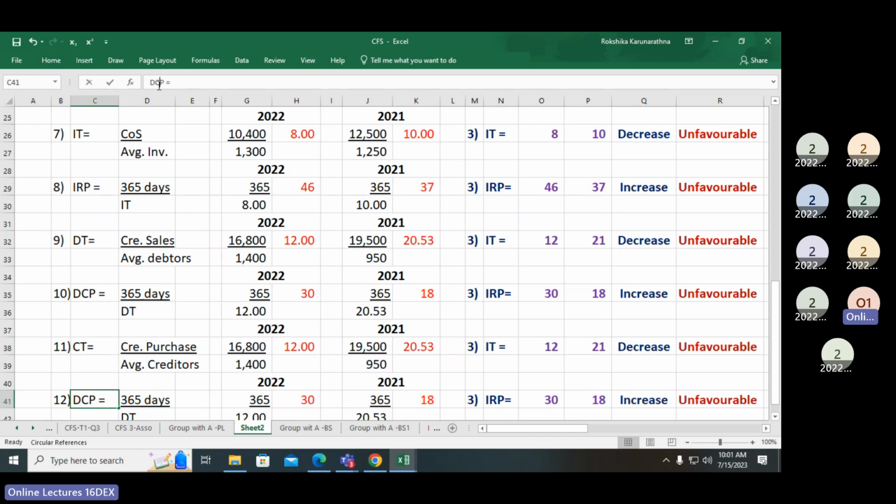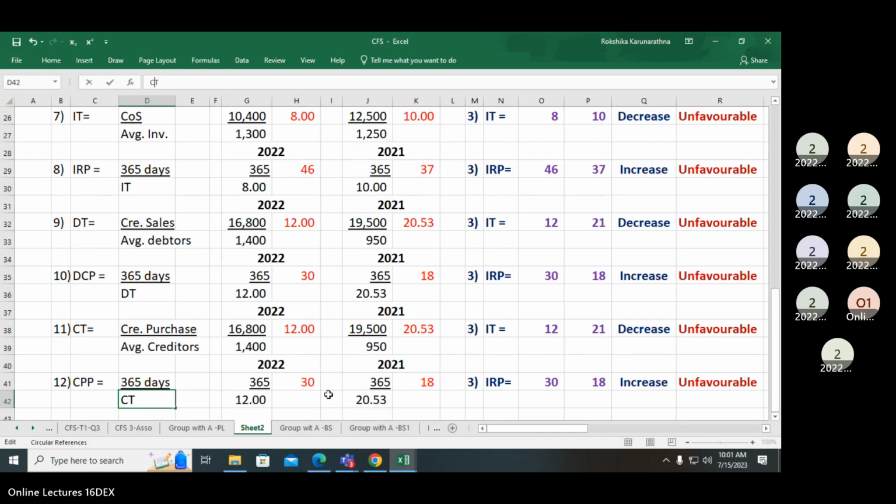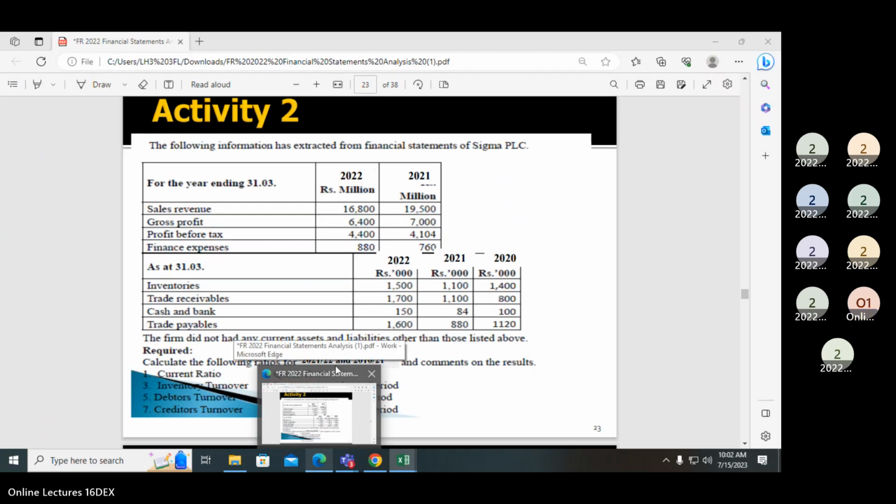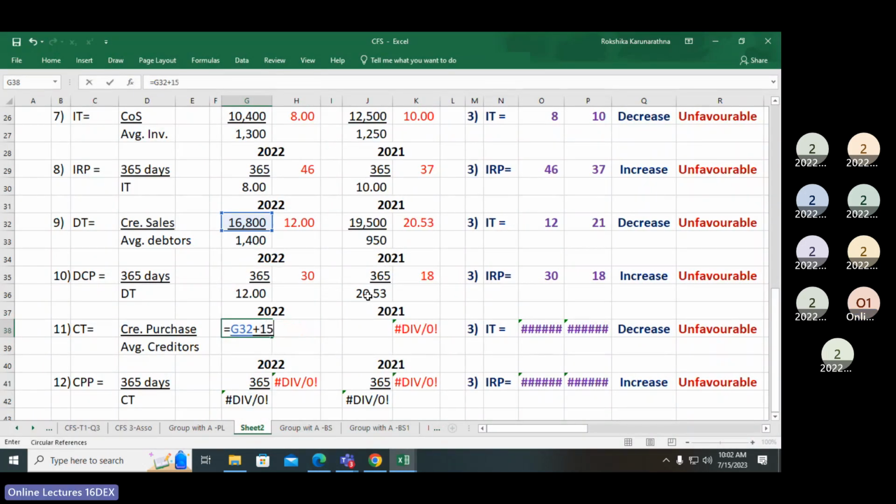Then creditors payment period or settlement period: 365 days divided by creditors turnover. So credit purchase, we have cost of sales 16,800. You can add back closing inventory 1,500. Deduct opening inventory 1,100. So you can have the purchases.